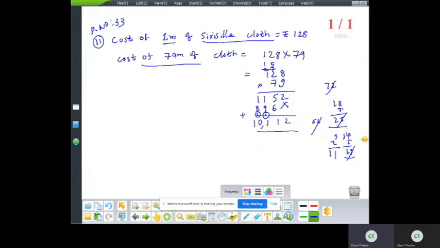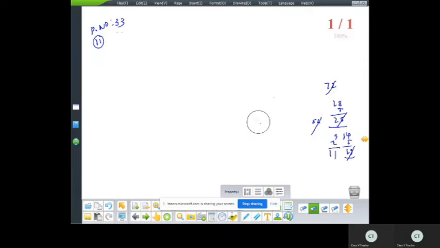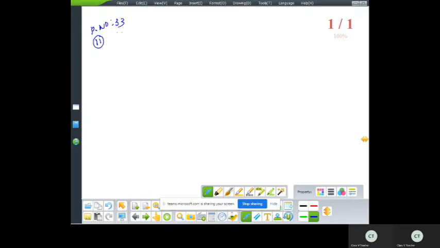Now the next one is Pochampalli. Cost of 1 meter of Pochampalli cloth.